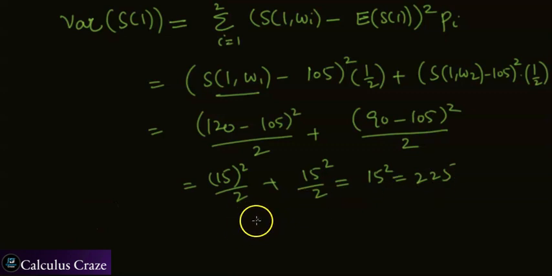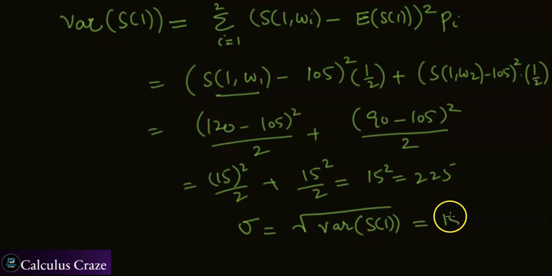So that's the variance. What is sigma, the standard deviation? It is the square root of the variance of S1, so it is going to be 15. So my variance is 225 and my standard deviation is 15, right?